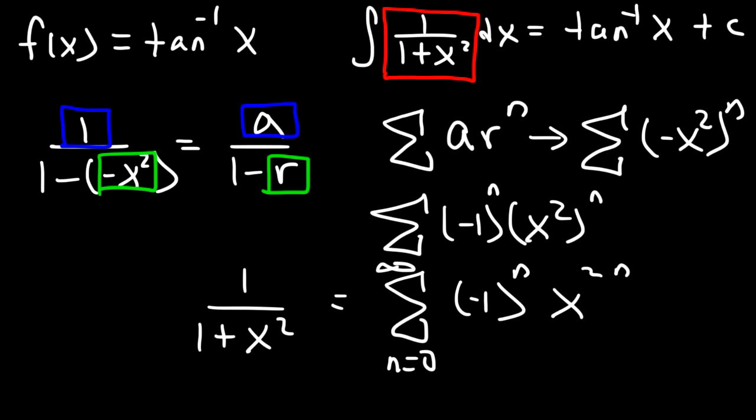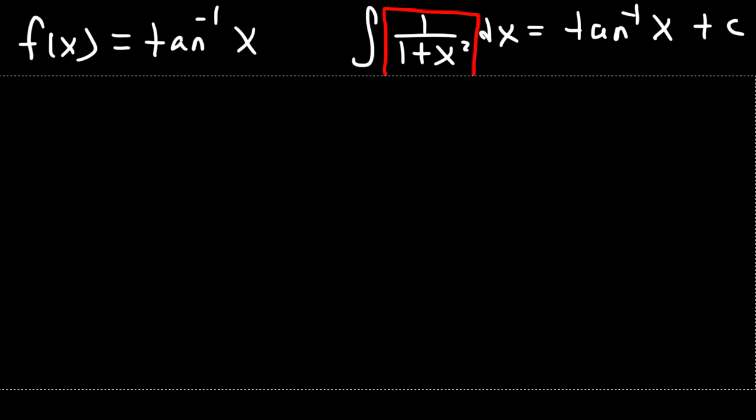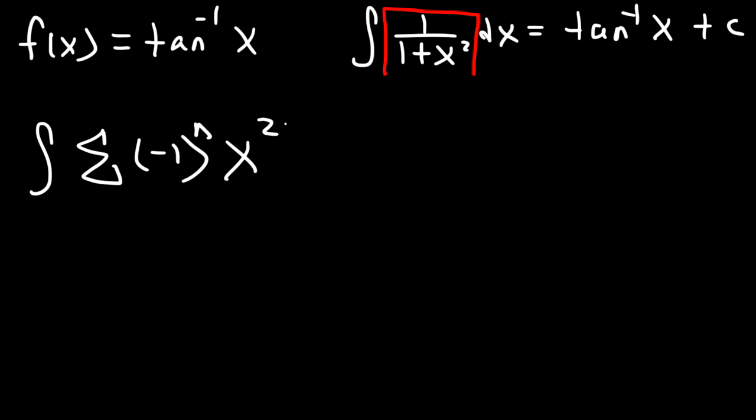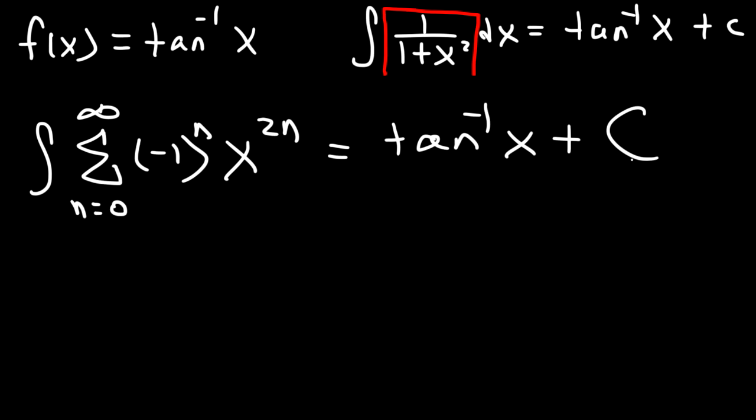So now let's take this series and put it into that expression. So we now have the integral of this series of negative 1 to the n, x to the 2n, from 0 to infinity, and that's equal to arctangent of x plus the constant of integration.